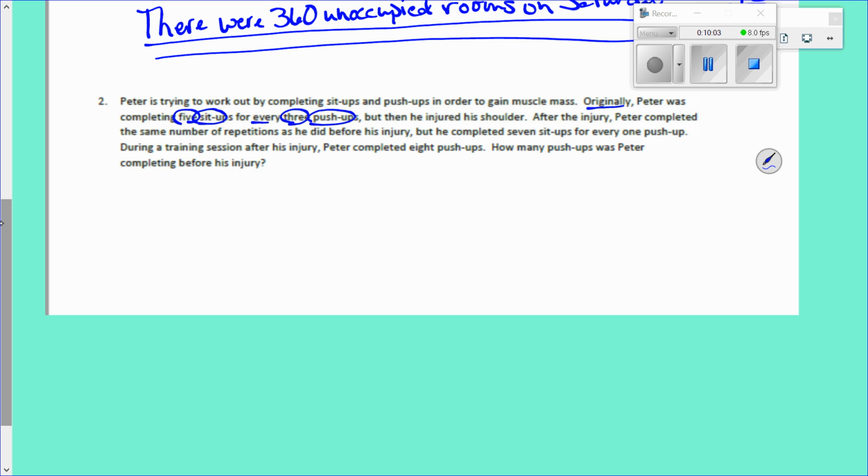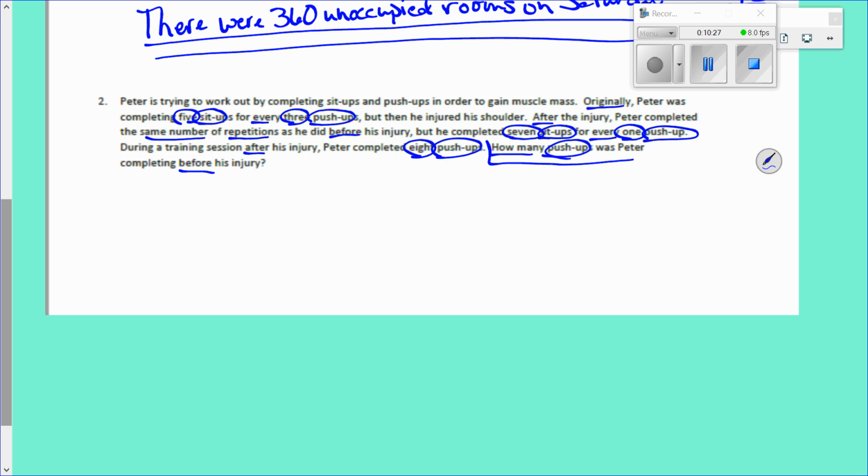But then he injured his shoulder. After the injury, Peter completed the same number of repetitions as he did before his injury, but he completed 7 sit-ups for every 1 push-up. During a training session after his injury, Peter completed 8 push-ups. How many push-ups was Peter completing before his injury?